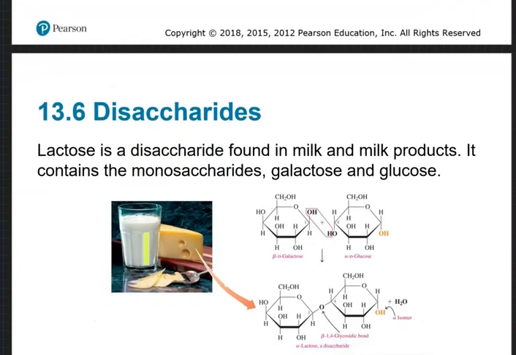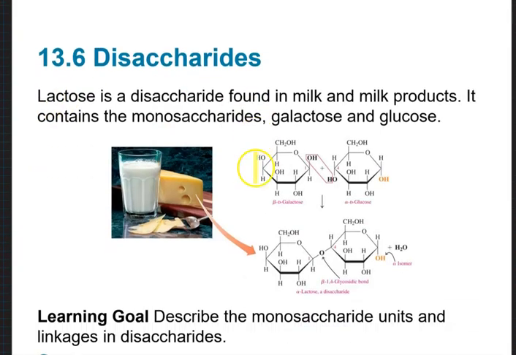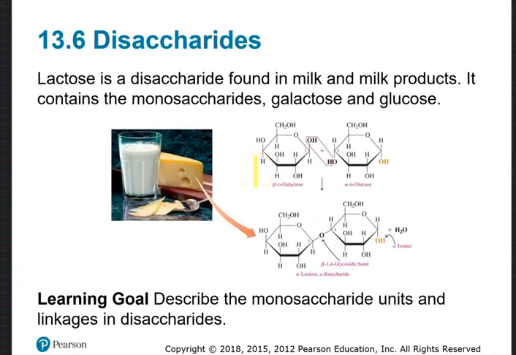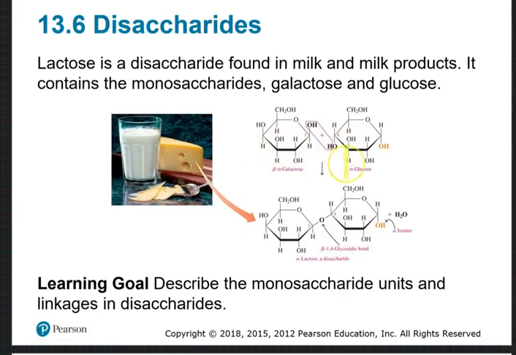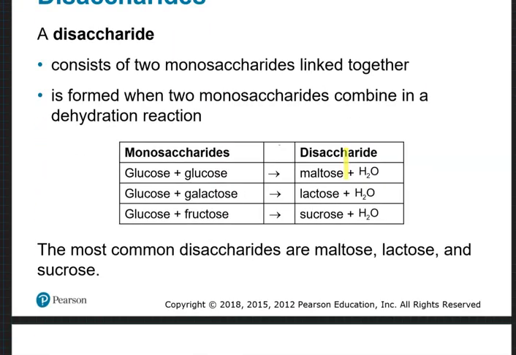Now, when you combine two saccharides, obviously you form a disaccharide, okay? The examples of disaccharides that we're going to talk about are lactose, sucrose, and maltose, my bad. So this table is what you need to know about disaccharides.